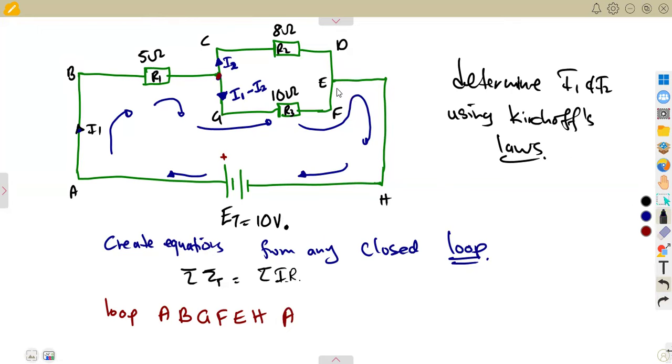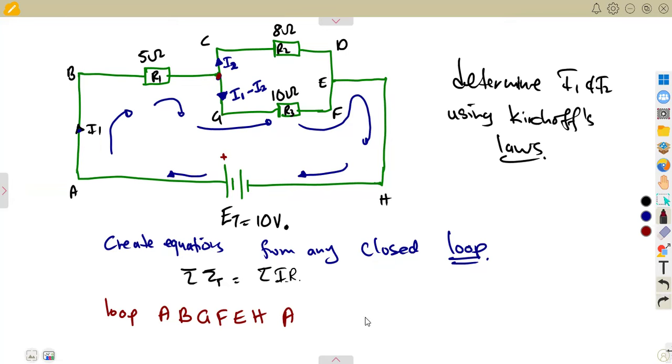It is the same current flowing from E here, which is current I1, up to this point here. It is the same current flowing in this loop from this point E. And what is that current? It's current I1.